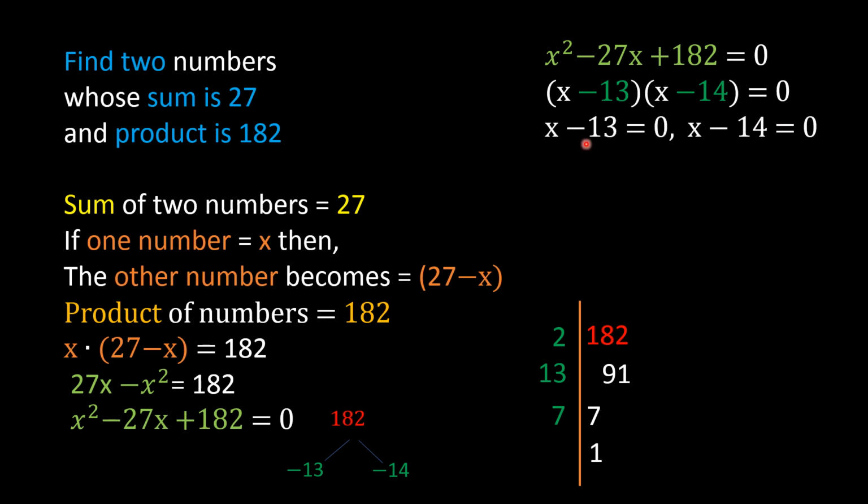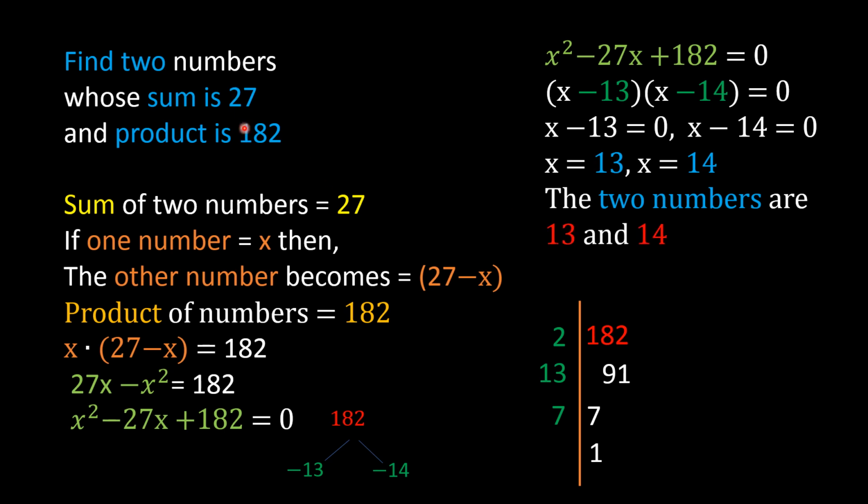So x minus 13 equals 0 and x minus 14 equals 0. It gives us x equals 13 and x equals 14. So these are the two numbers which satisfy these two conditions.